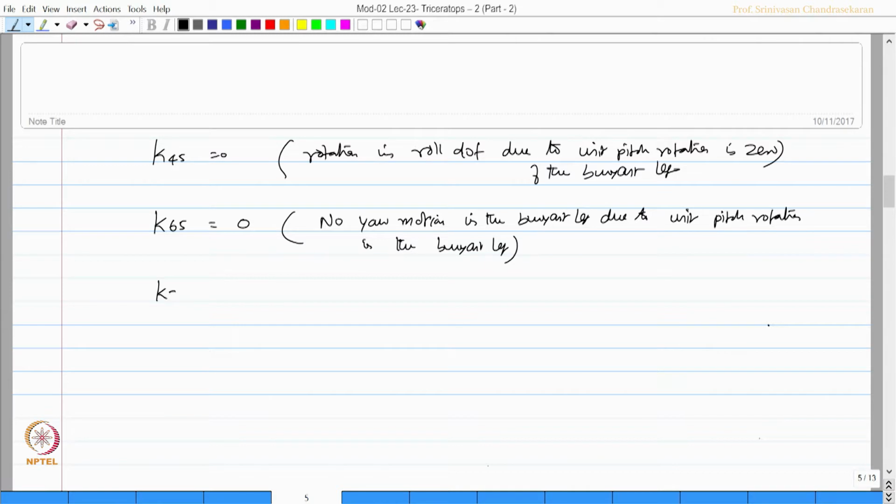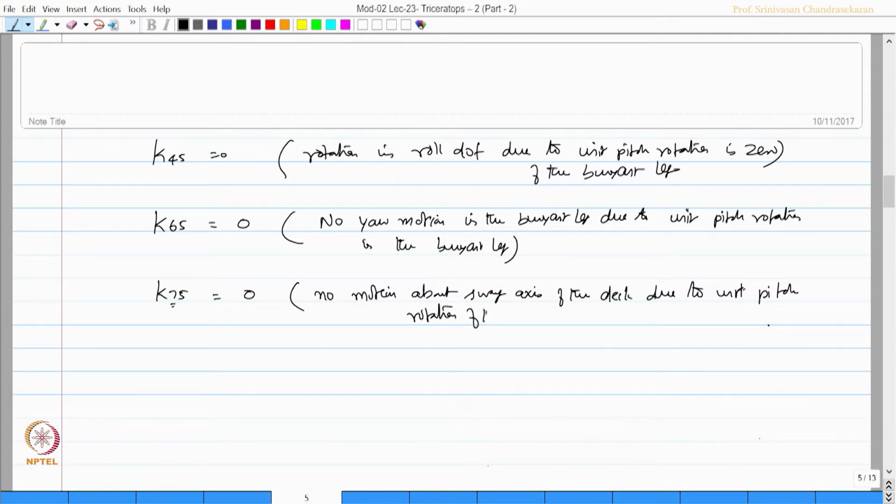K7 phi is also 0 because there is no motion about the sway axis of the deck, because we are talking about degree of freedom 7 due to unit pitch rotation of the buoyant leg.